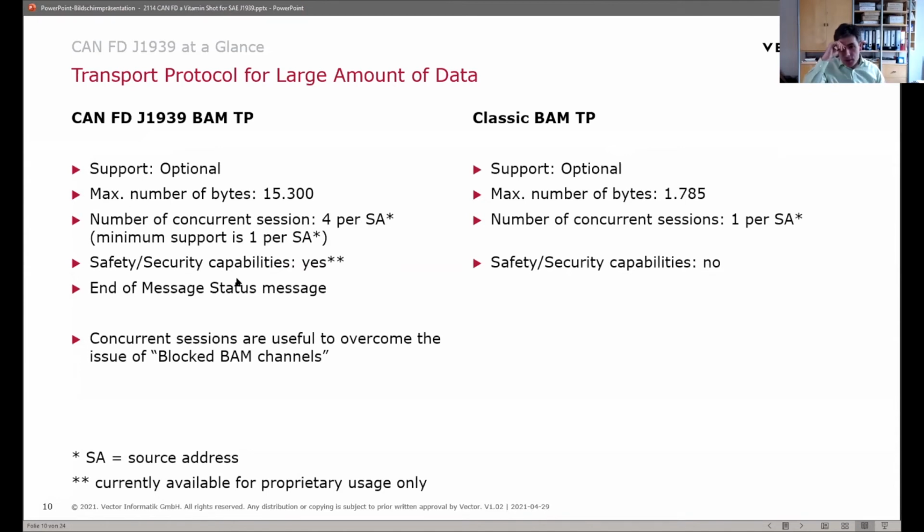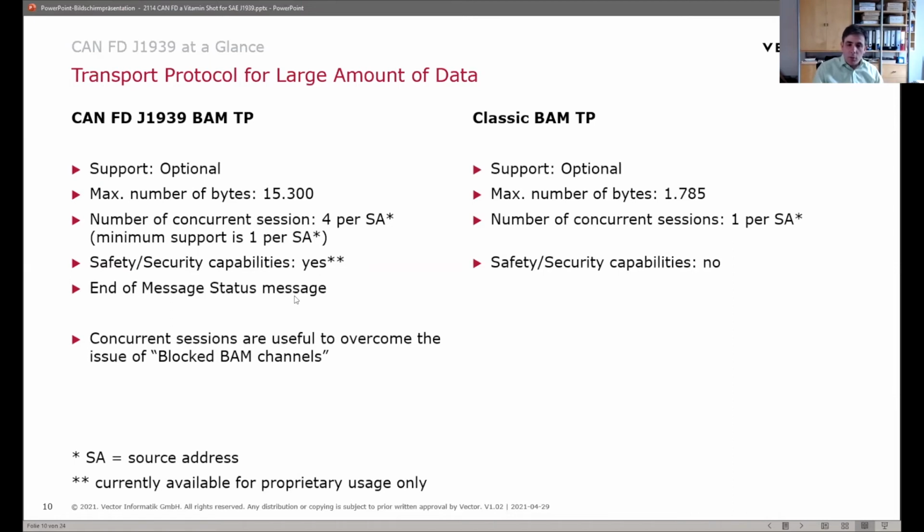We have safety and security capabilities. So there is a safety and security add-on that can be added at the end of the transmission, so that ensures that the complete transmission is safe. And what is also new is we have an end of message status.